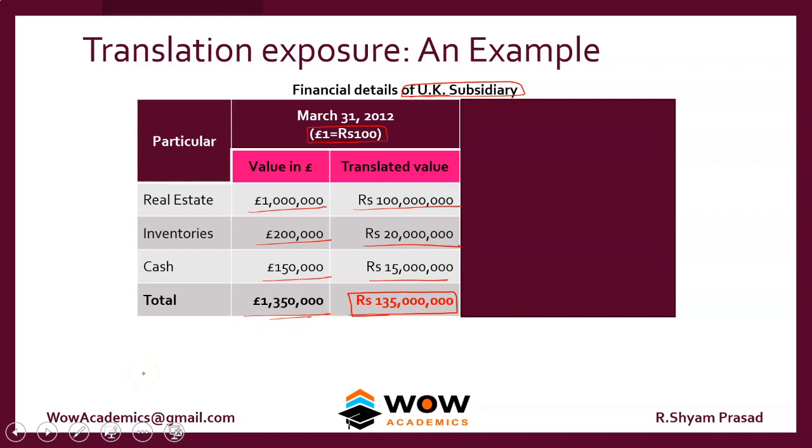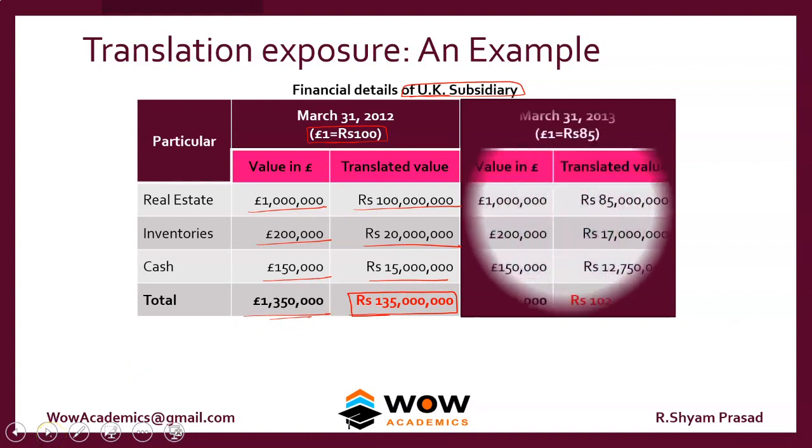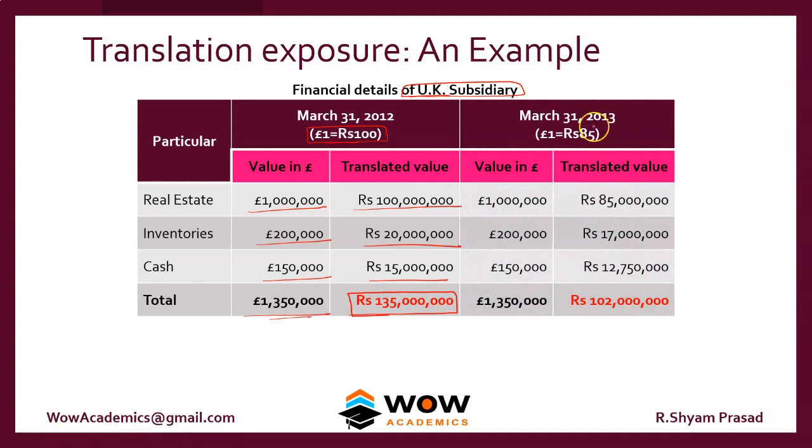After a 1 year period, on 31st March 2003, the value of the currency changes from 1 pound to 100 rupees to 1 pound to 85 rupees. So the value in pounds has not changed. See, this value is the same as this value. These values have not changed, they are fixed.